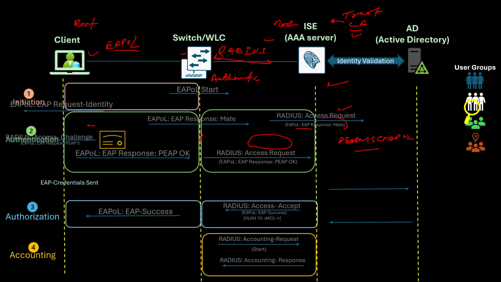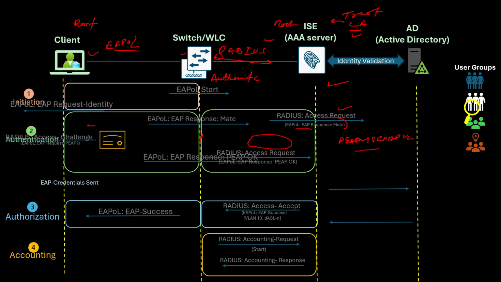The EAPoL packet will be encapsulated in RADIUS, and when ISE responds back, the RADIUS packet will be de-encapsulated and sent back in the EAPoL format. At this stage, the negotiation of the protocol and the TLS tunnel establishment will happen.